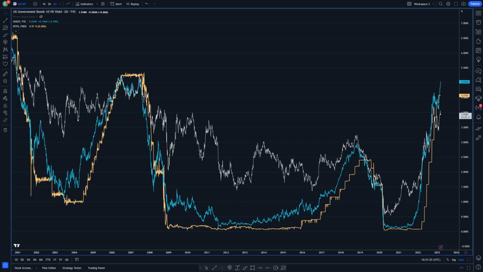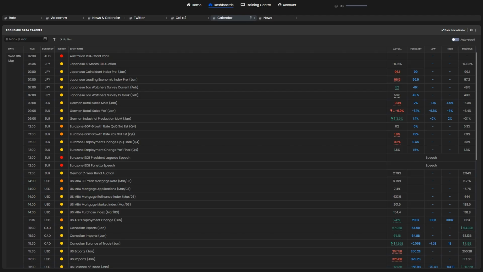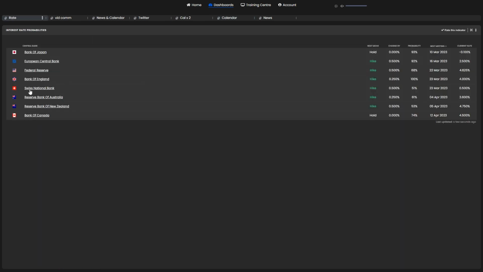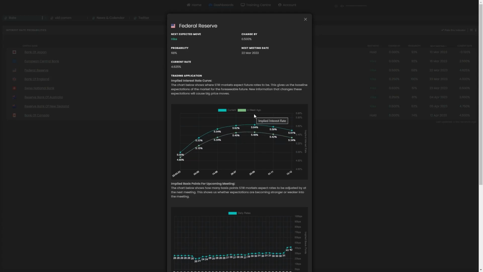So with the semi-annual testimony from Powell last night, what did we see happen to money markets, right? That's a real big focus here. If we quickly open up money market rates for a second, what we saw was the markets going from expecting a terminal rate for the Fed of 4.46%, jumping all the way up to 5.64%.